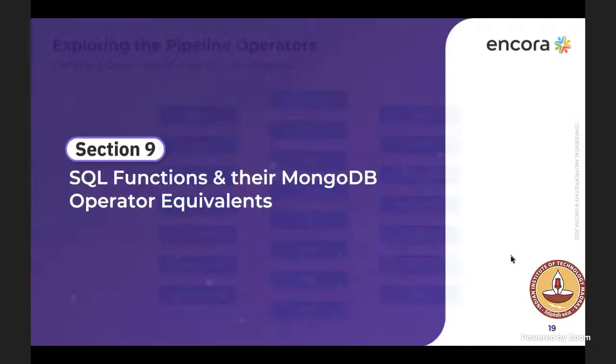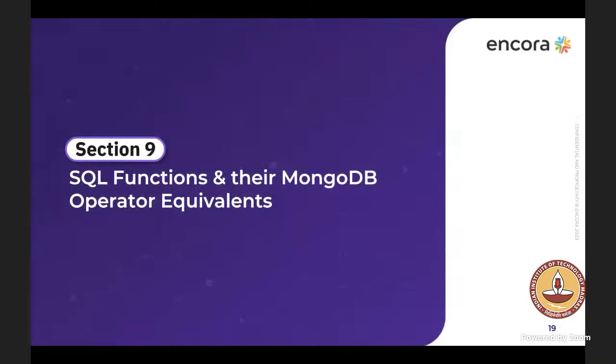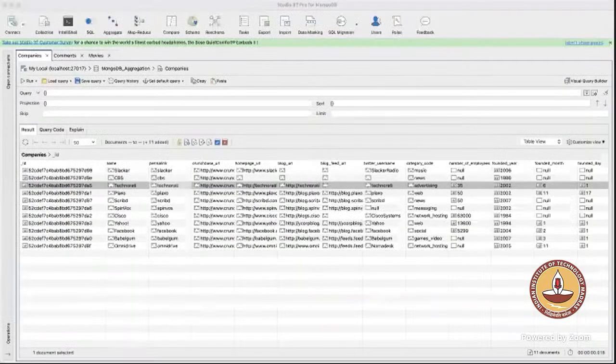Now, another thing is that some debate happens sometimes about non-relational and relational databases. Some people who are new to Mongo have the conception that this kind of functionality we don't have in MongoDB, but SQL has it. But this is not 100% true.